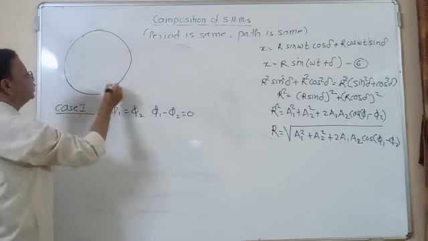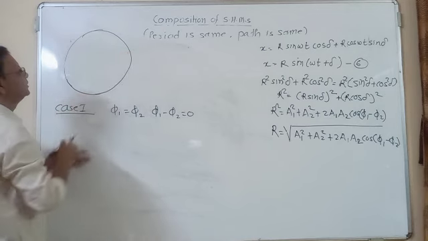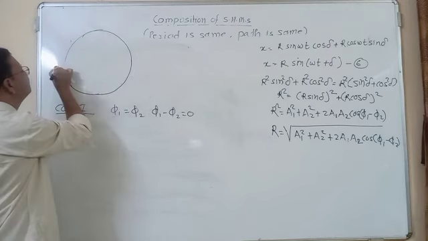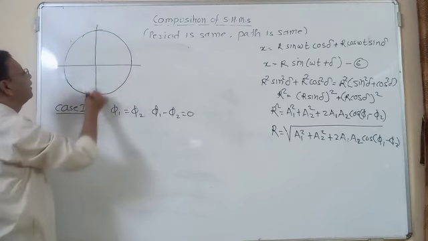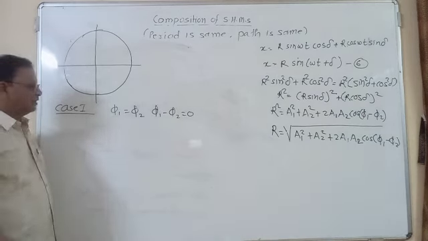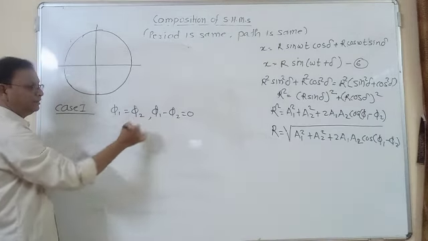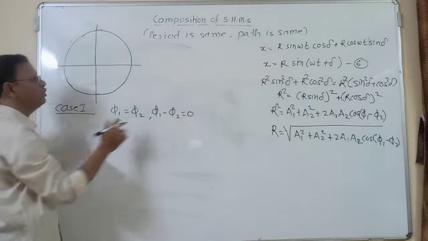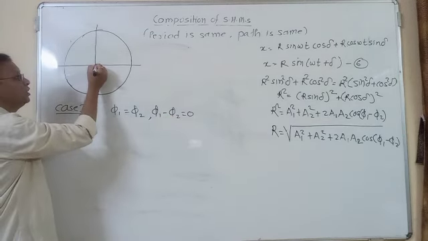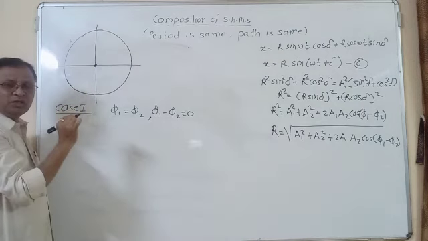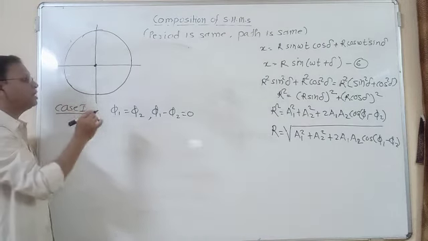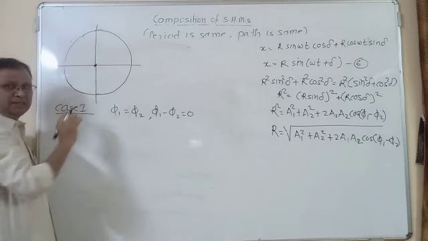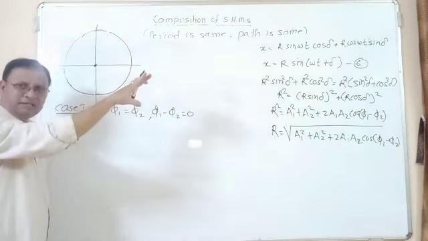In order to understand the phase here, this indicates that phi 1 is equal to phi 2. That means phi 1 minus phi 2 is equal to 0. That means the two simple harmonic motions, or the particle, start the simple harmonic motion from the same place and move in the same direction.